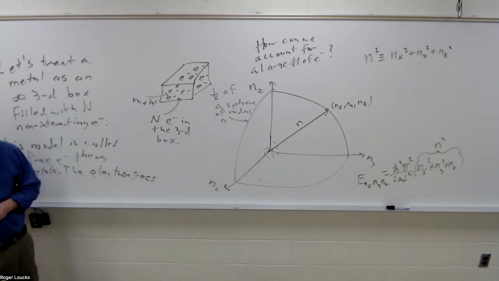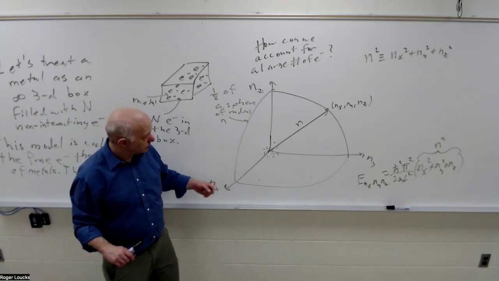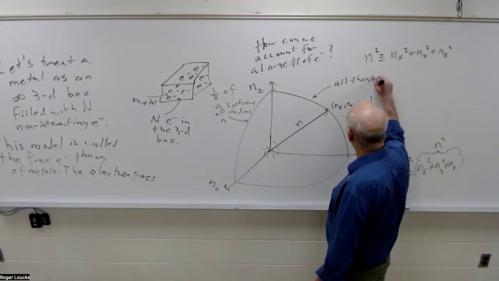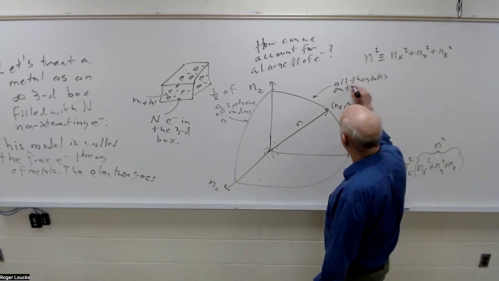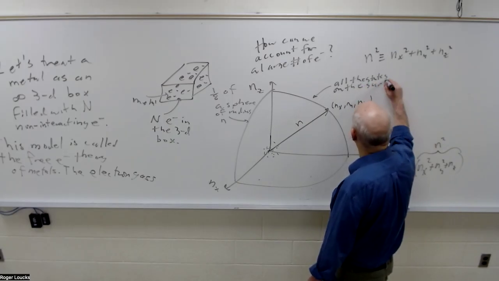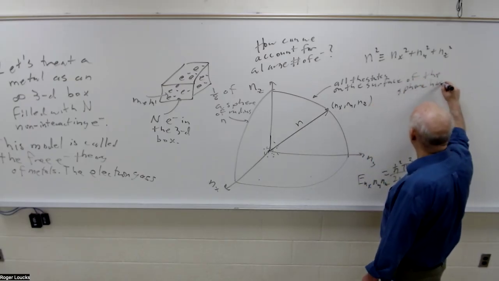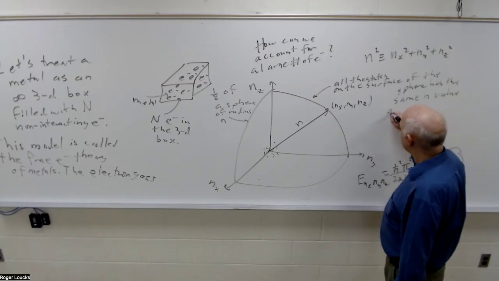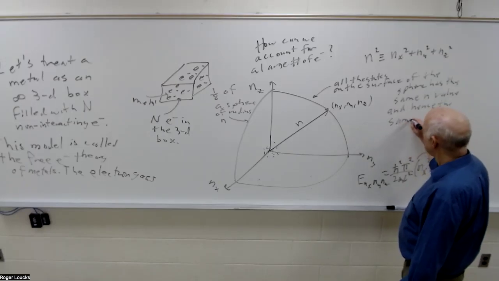Anywhere on the sphere, you're going to have the same values of E. So all the states, meaning all the nx, ny, and nz values on the surface of the sphere, have the same n value, and hence the same energy.